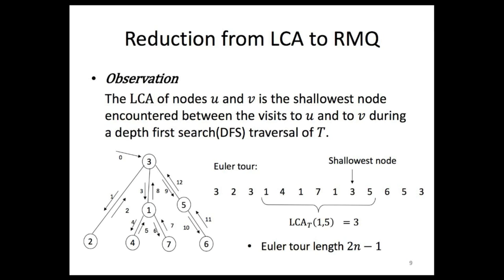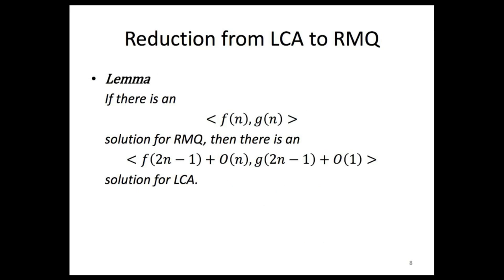So you know how to construct an Euler tour. In the same notation that I described earlier, you can say that the solution for the RMQ from the original tree is some function of 2n minus 1, the number of nodes in the array, plus O of n, because you can do a depth-first search traversal in O of n time.